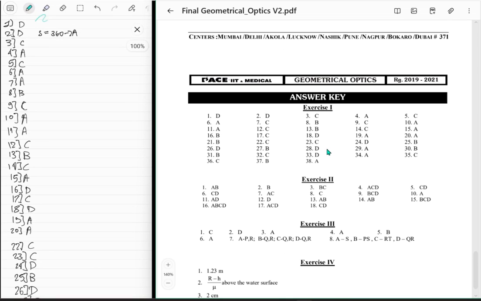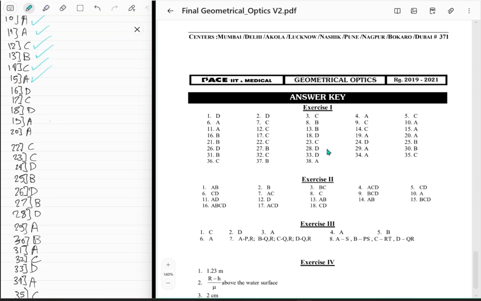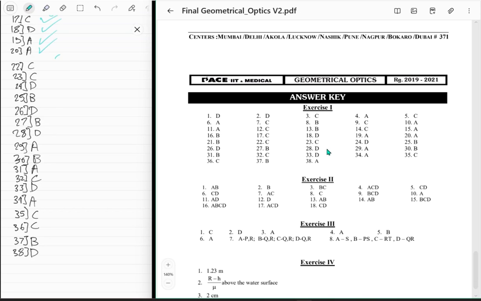So first D, second D, third C, fourth A, fifth C, C A C B, C A C, seventh is C. Eighth is B, 9 C, 10 A, 11th A, 12 C. Then you've got B C A, 16th D. Oh, it's supposed to be B. 17 C, 18 D, 19 A, 20 A. Okay, I didn't do 21. 21 B. I don't know, I'll search that later.